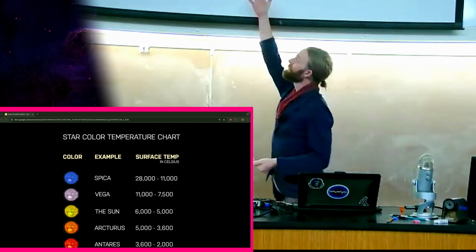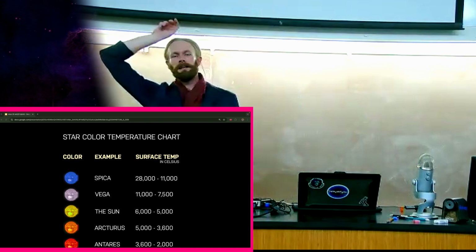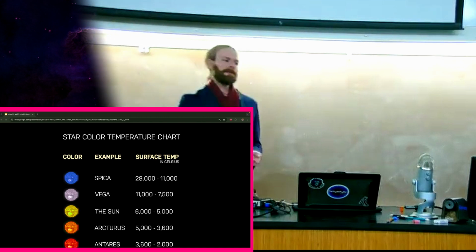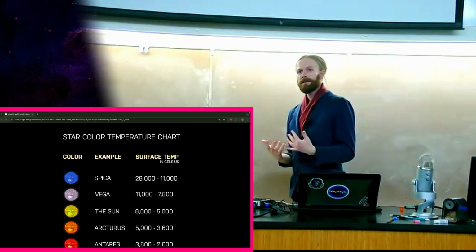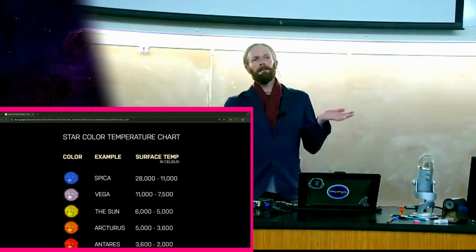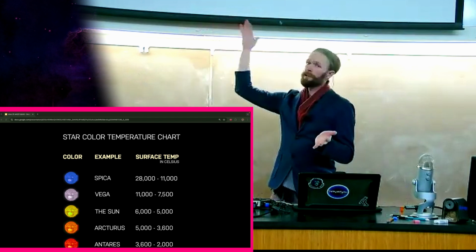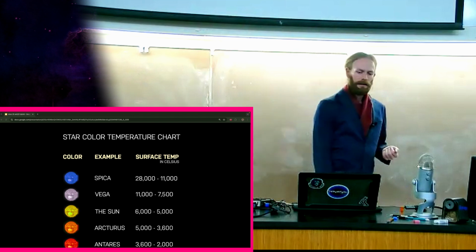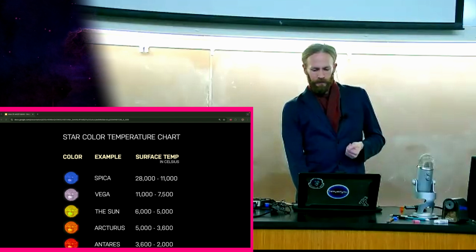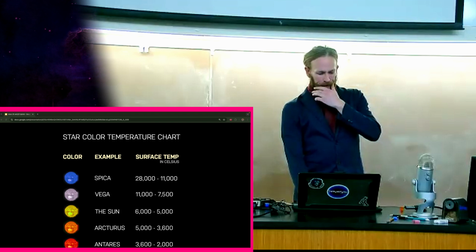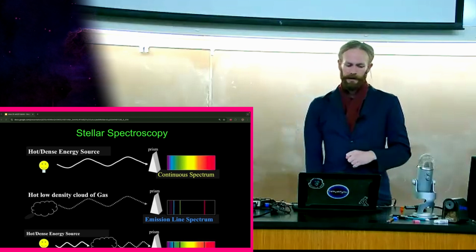And then we can compare it to what the black body temperature is and say, well, I don't think that black body temperature is right, therefore the lattice must be in a different state, and we might actually learn something really interesting about it. But for now, we're going to go with the idea that the color tells us the surface temperature. So that's one piece of information. We'll hang on to that.